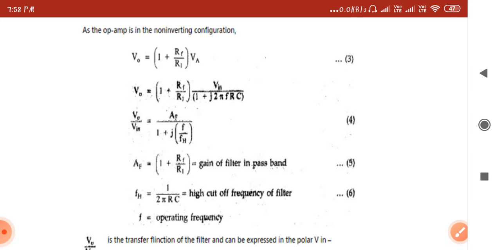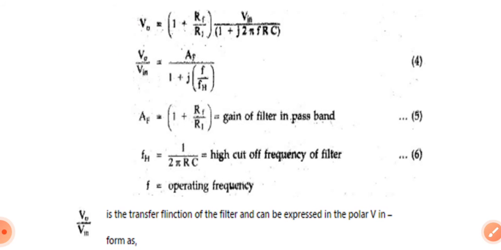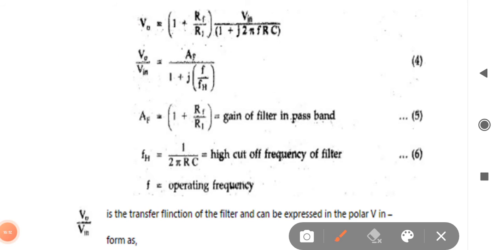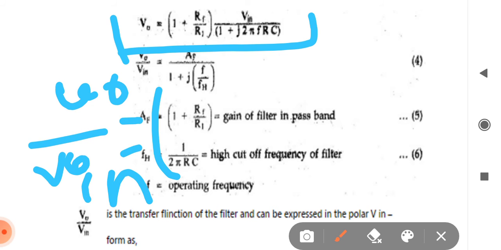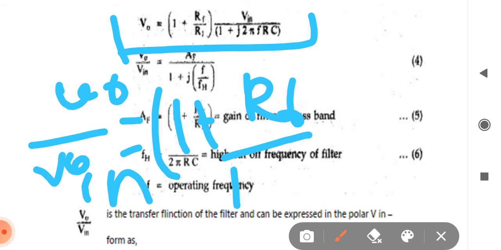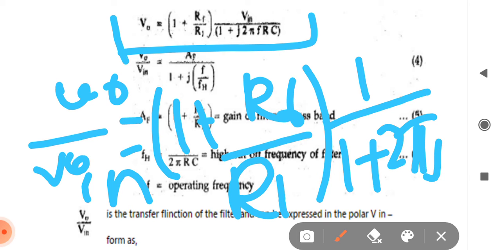Sorry, this is the equation: V naught by Vin equals 1 divided by 1 plus j 2 pi RC. This is the equation that comes.